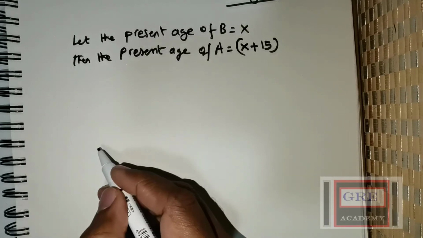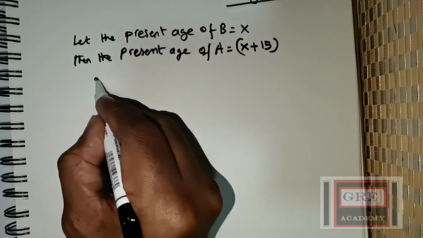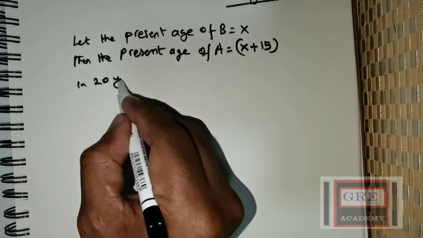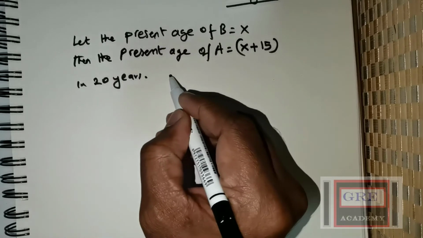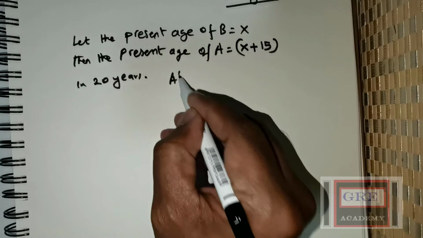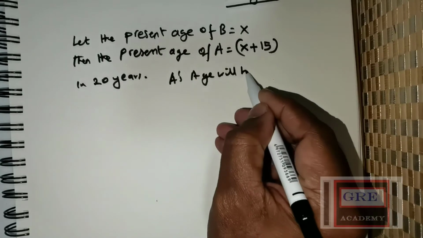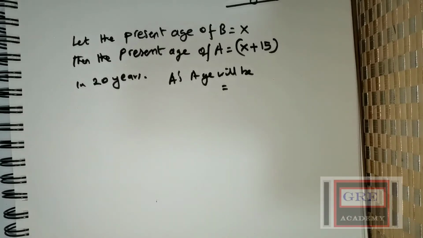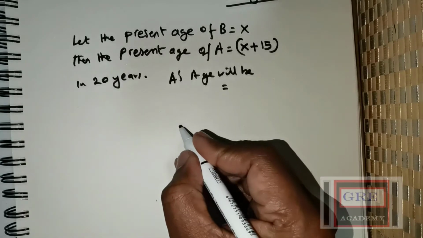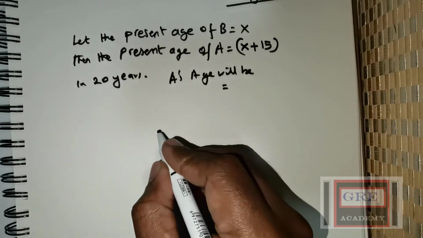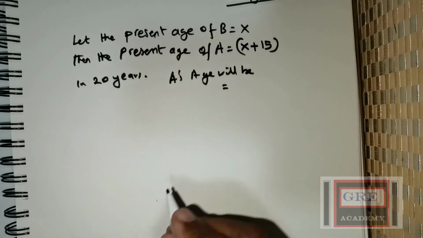Now the question also says in 20 years, A's age will be twice as old as B was 5 years ago.